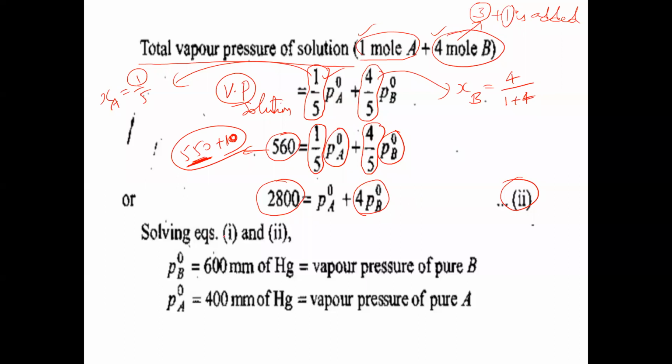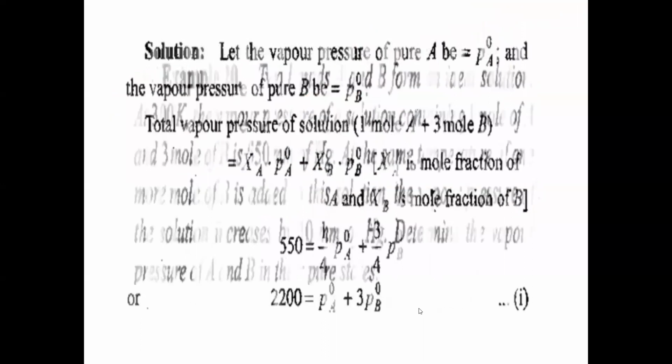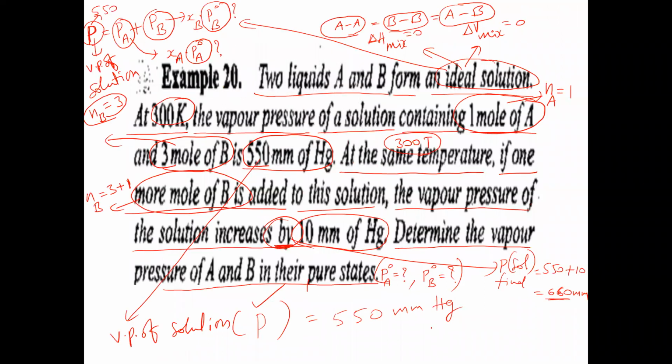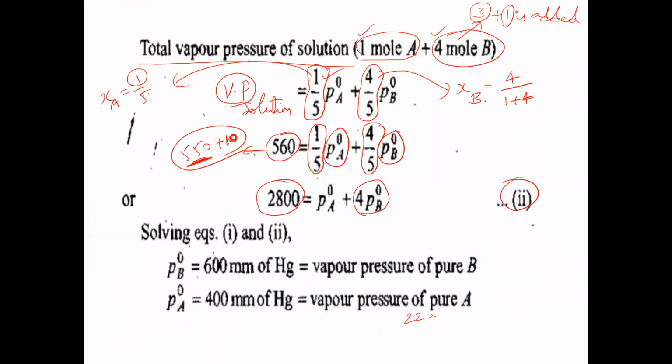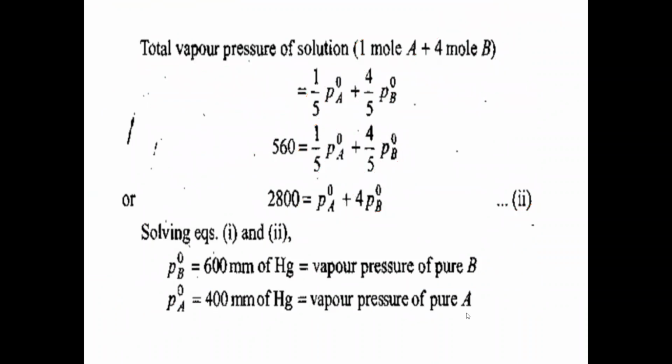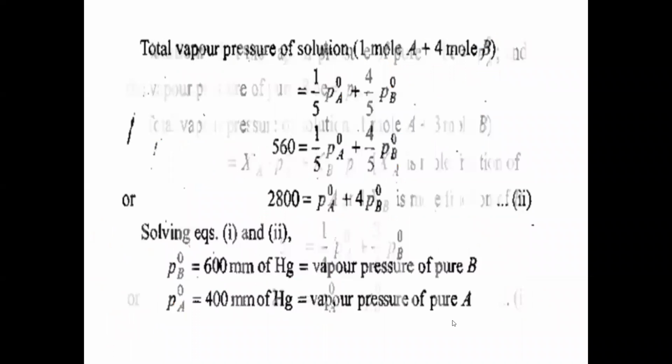Solving equations 1 and 2. Equation 1 is 2200 equals PA naught plus 3 PB naught.